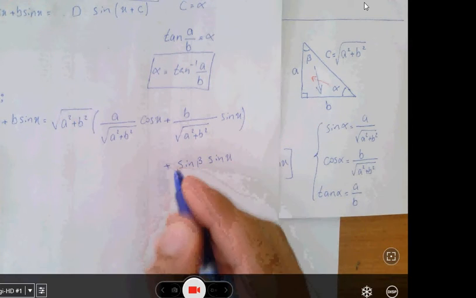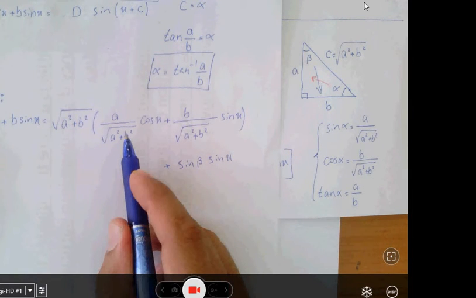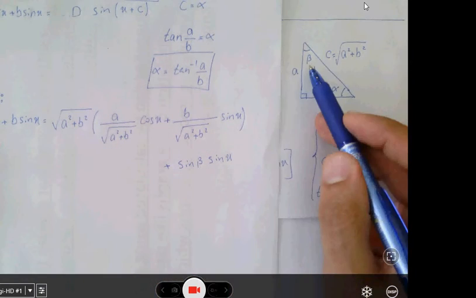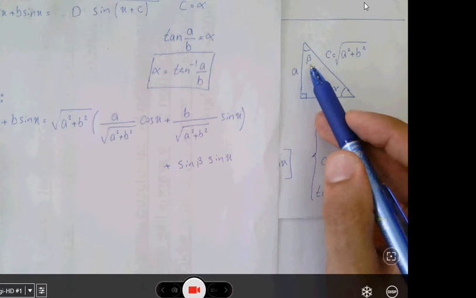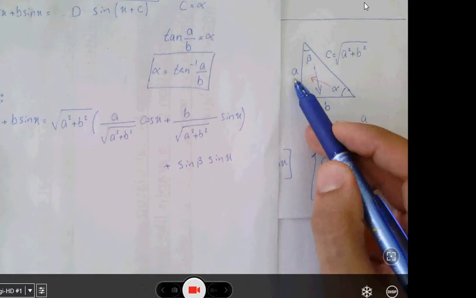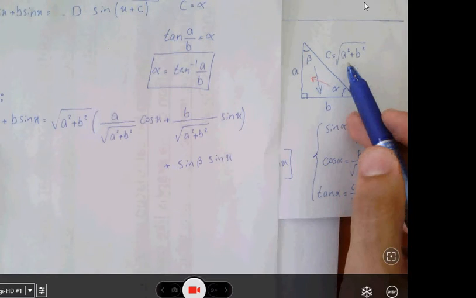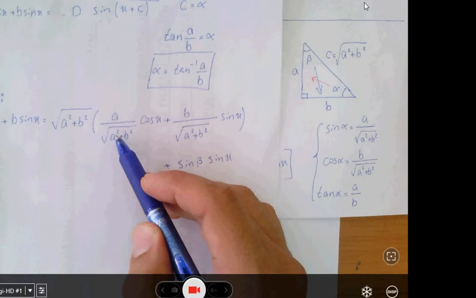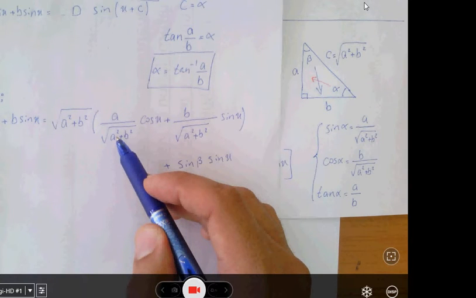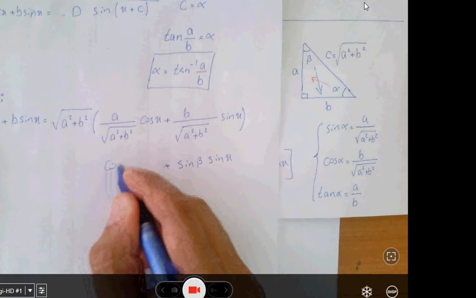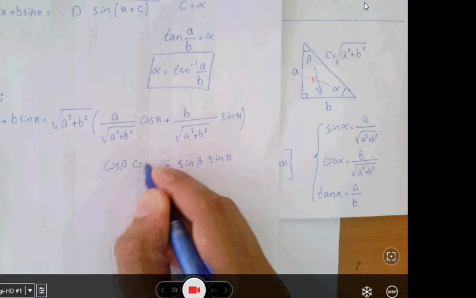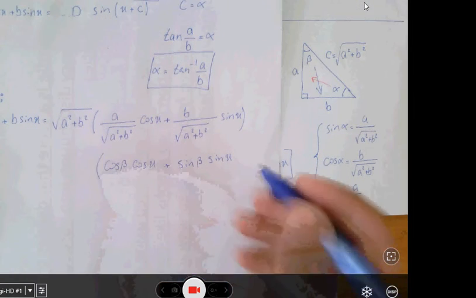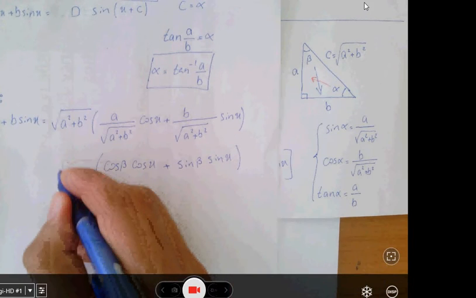Similarly, the same situation happens here. If I want to deal with angle beta, I can say the adjacent of beta, which is a over hypotenuse. What is adjacent over hypotenuse? Cos. Beautiful. So this is actually cos of beta, cos of x. Perfect. I have this little thing here, and I have this little thing here.